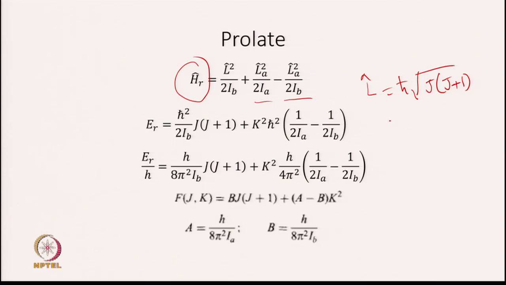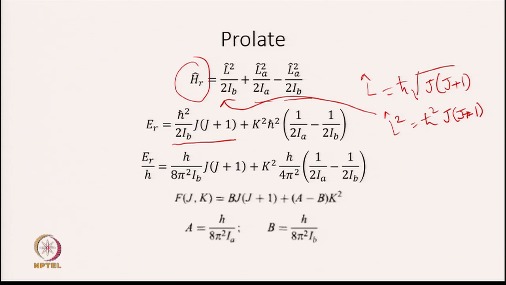So, L square operator will be h bar square multiplied by J into J plus 1. So, that is what we are going to plug in this equation. So, when I put L square operator equal to h cross square J into J plus 1, what I will get is this.